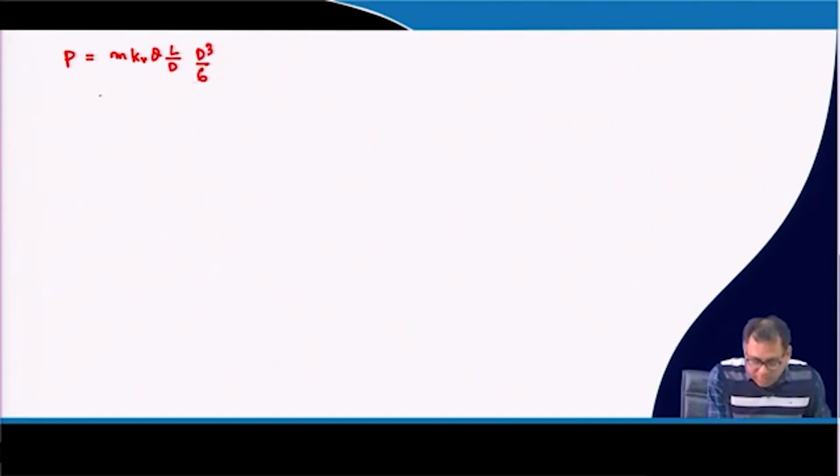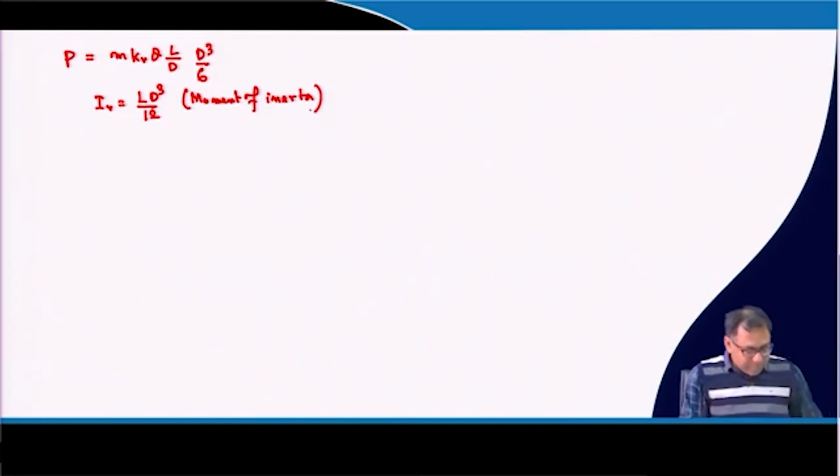Okay. So, now I can write that I v is equal to L d cube by 12, which is the moment of inertia about the horizontal axis.